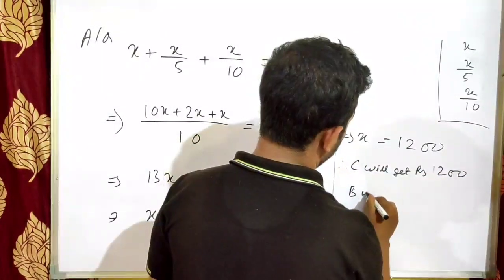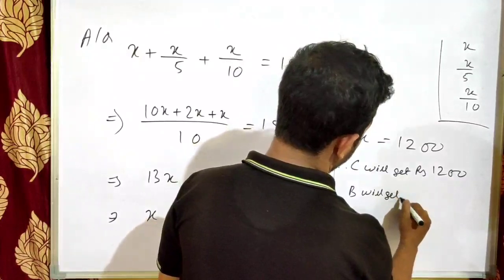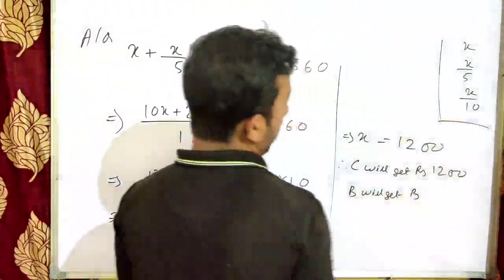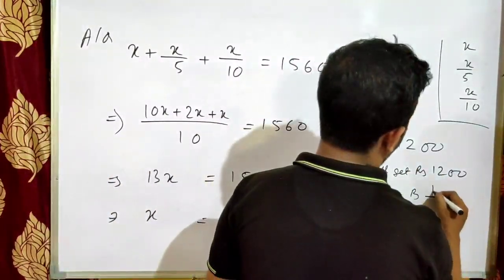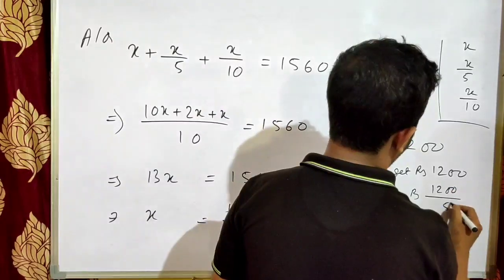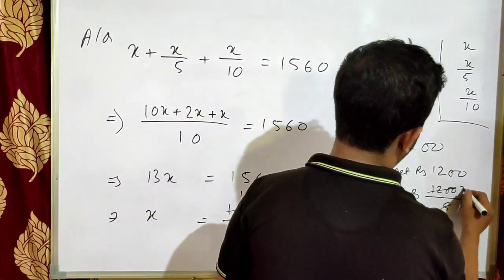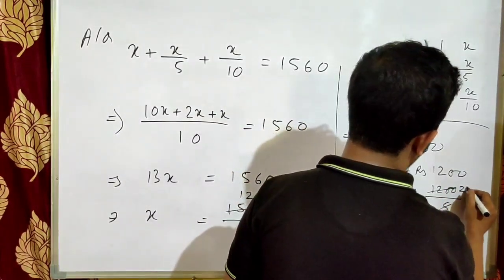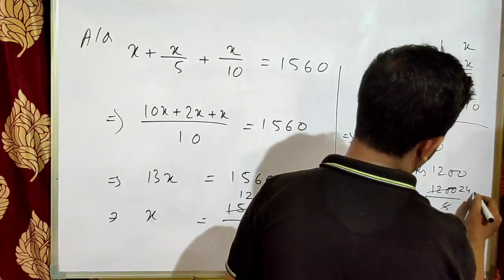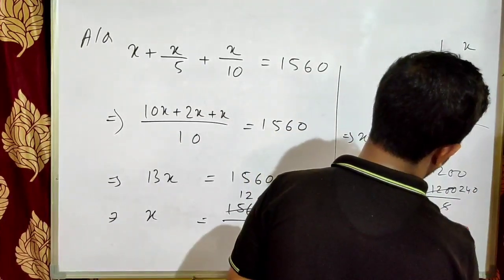B will get how much? B will get rupees X by 5, that is 1200 by 5. 5 into 2 is 10, then 20, 5 into 4 is 20, then 0, that is 240.